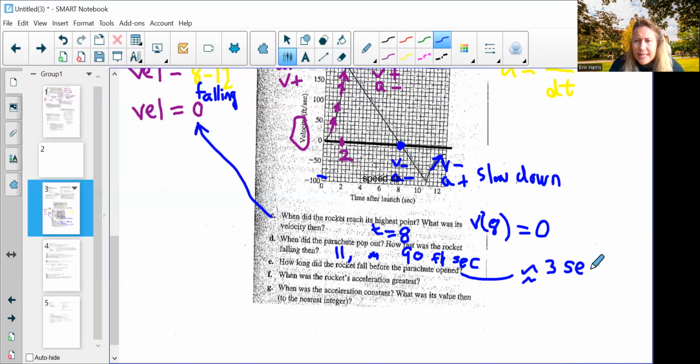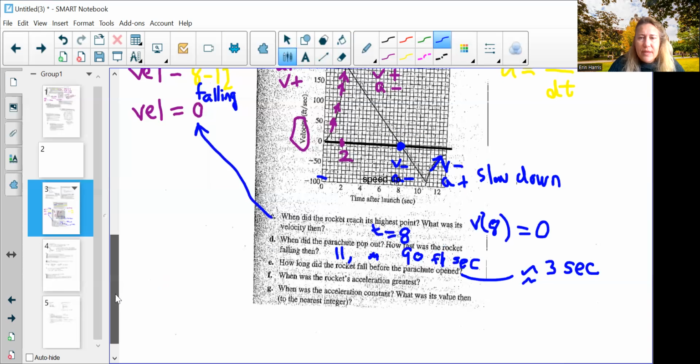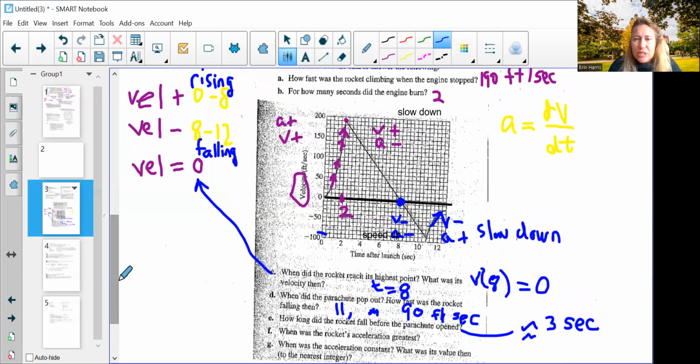And when was the acceleration the greatest, throughout this whole path? Remember that acceleration is the slope of velocity. When does this thing have the steepest slope? If I look at the tangent lines that I'm drawing, here, this would model the acceleration. Acceleration's not super steep right here, but look right before 2 seconds.